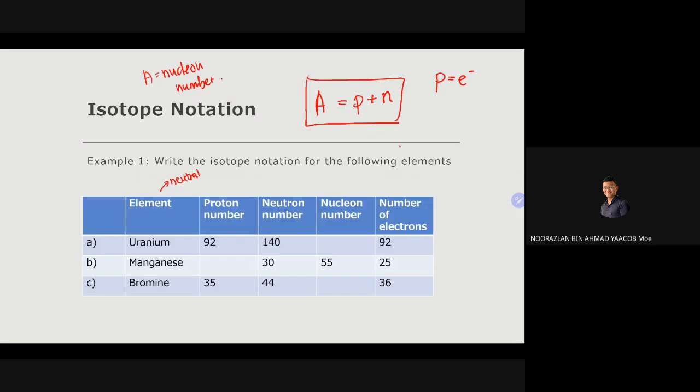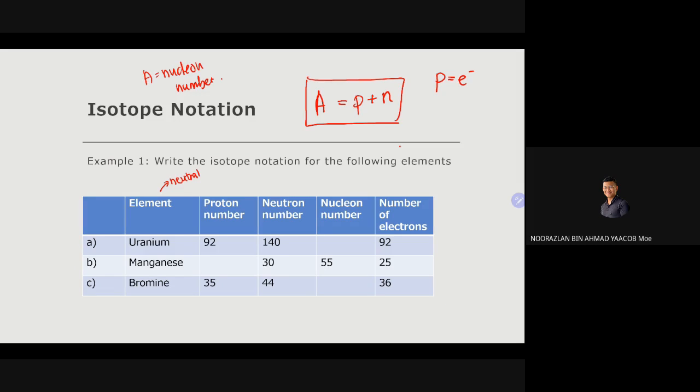Simbol dia kamu boleh Google uranium, ataupun kamu boleh tengok periodic table if you have it with you. Okay.